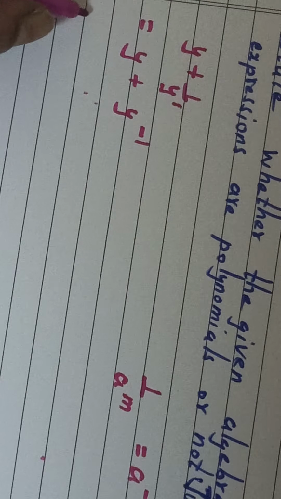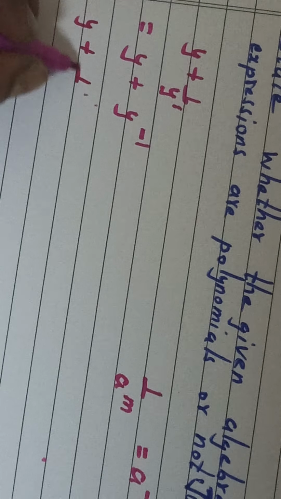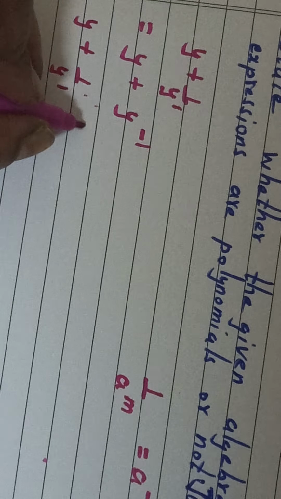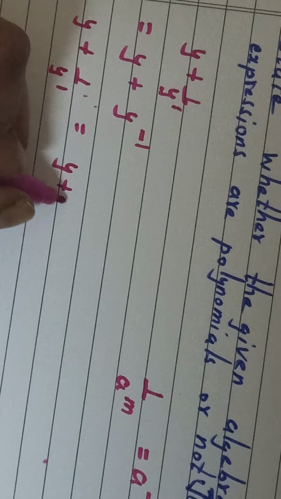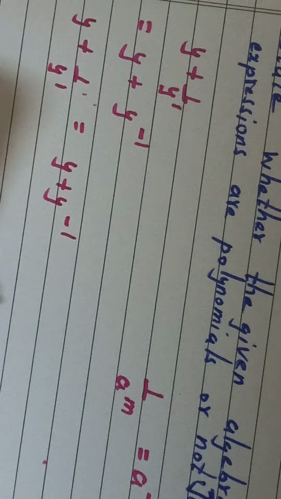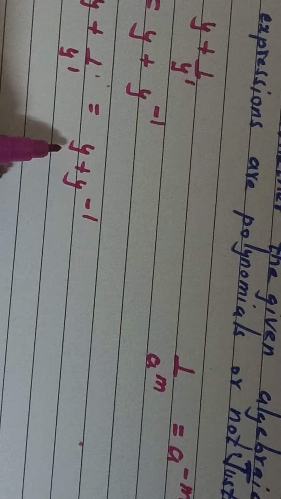So what will we write? y plus 1 upon y raised to 1 is equal to y plus y raised to minus 1. Now here the variable y is given.